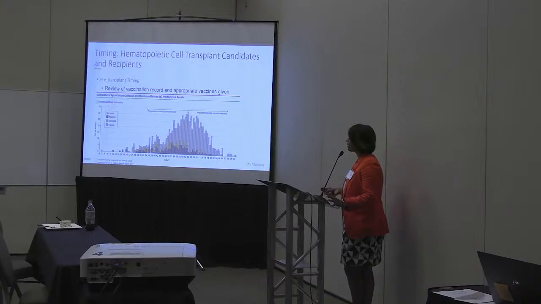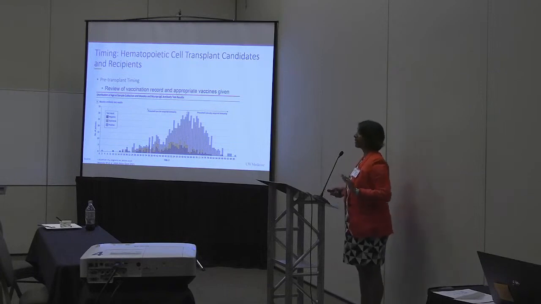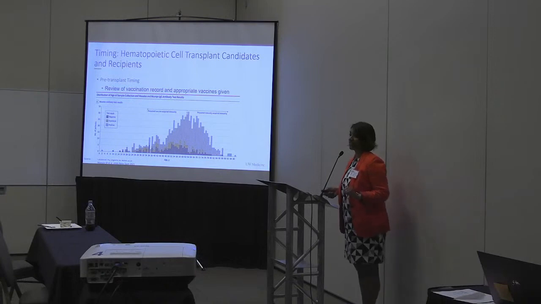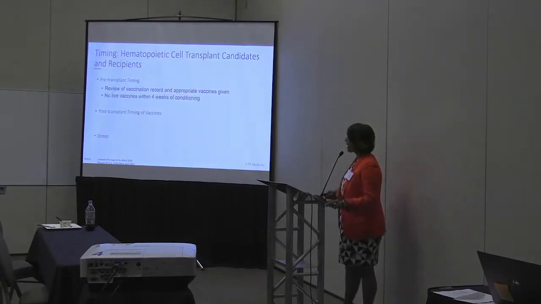We really want to make sure patients are vaccinated against measles because there have been outbreaks, although in the COVID era we've actually seen far less measles than in the pre-COVID era. No live vaccine within 4 weeks of conditioning. Conditioning is heavy immunosuppression, so we don't want that risk of vaccine-related illness, although quite rare. And no inactivated vaccines within 2 weeks of conditioning.